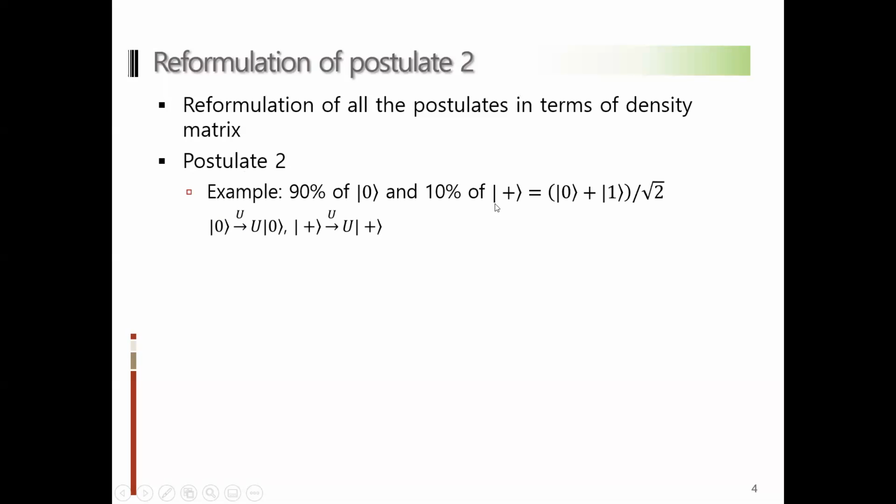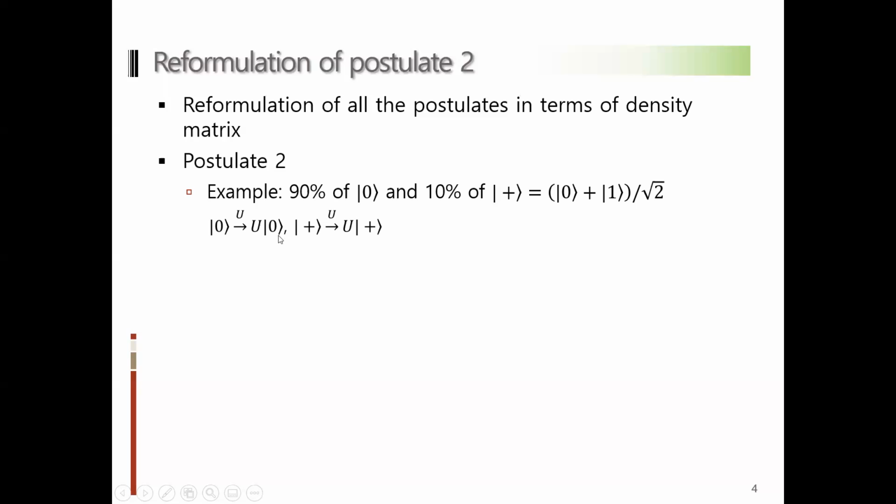Similarly, if we start with the plus state, then the final state corresponding to this initial state will have only this kind of shape. So this 0 goes to this state, and the plus state goes to U multiplied onto the plus ket. This does not change the probability of this situation and this situation.